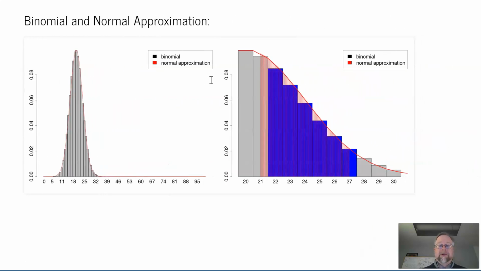And again, if you look at these bars again, you'll see why that's the case. So, thank you very much for listening.